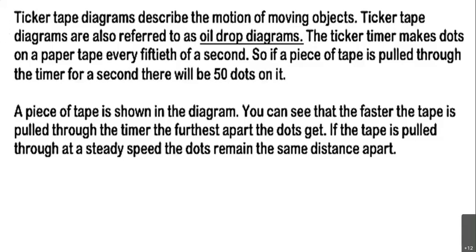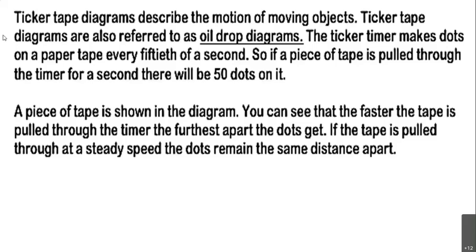The reason is because they look like the trail that would be left behind a car if it was leaking oil. So, if you're leaking oil, and you're just driving normal, you're driving fast, you don't know your car is leaking oil, what will the trail behind you look like?